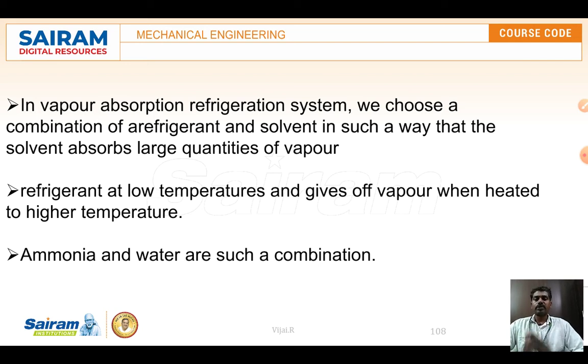In the vapor absorption system, the refrigerant we have taken is very important here. The absorber and generator are both very important areas. In the absorber, a combination of refrigerant and a solvent takes place, and the solvent absorbs large quantities of vapor.